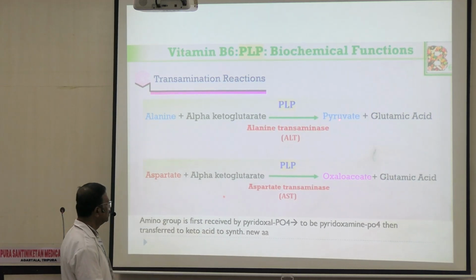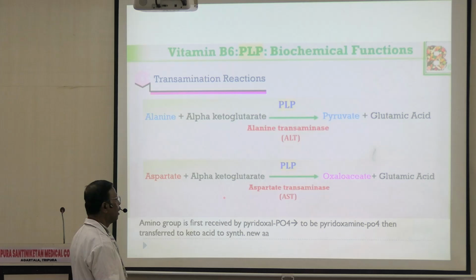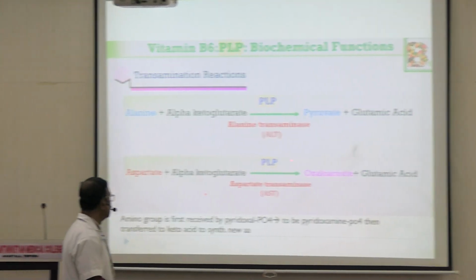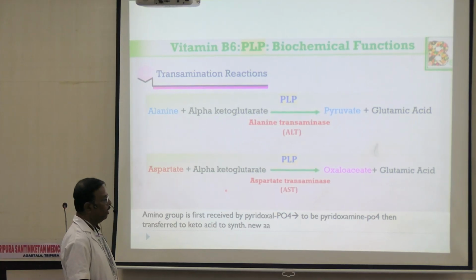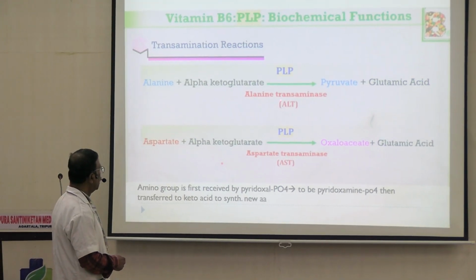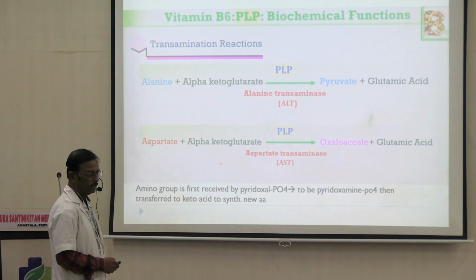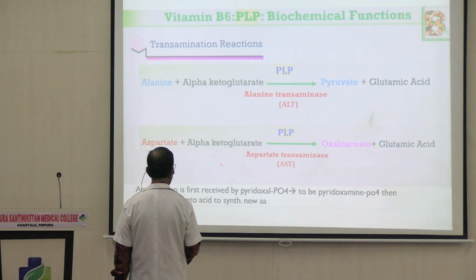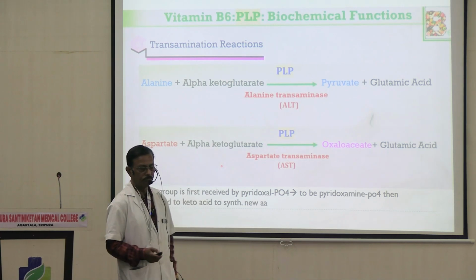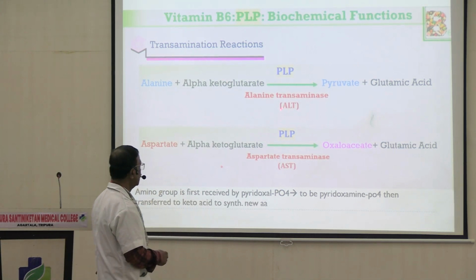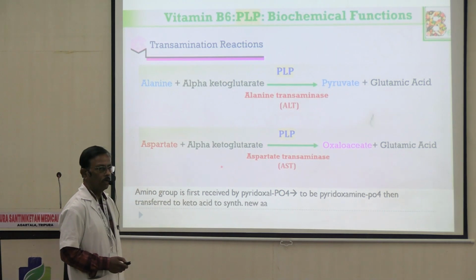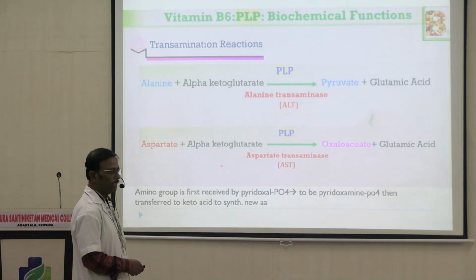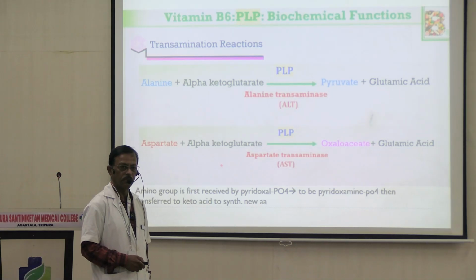Pyruvate is formed from alanine, and glutamic acid is formed as the new amino acid. Alanine transaminase is also called ALT, and this reaction mainly occurs in the liver. So in liver function tests we see whether this enzyme is increased or decreased.